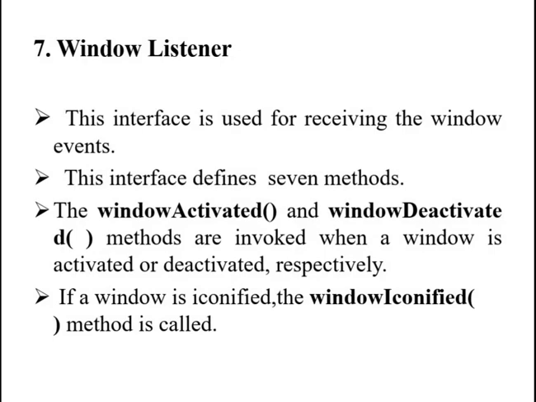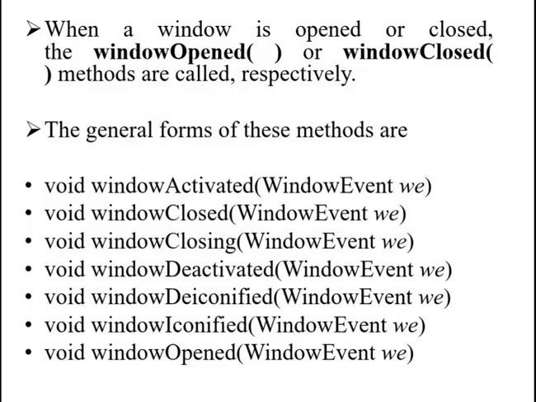The windowActivated and windowDeactivated methods are invoked when the window is activated or deactivated respectively. If the window is iconified, the windowIconified method is used. When a window is opened or closed, the windowOpened or windowClosed method is used.